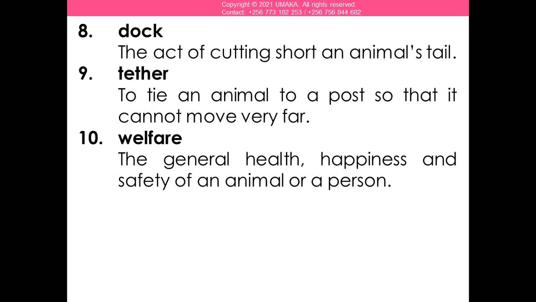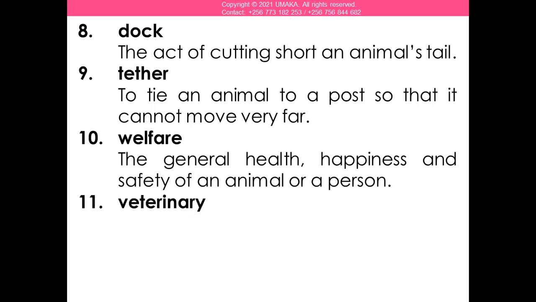By doing what we have seen above: treating them when they are sick, vaccinating them, dipping them to kill external parasites. So when we talk of animals' welfare, we are referring to the general health, happiness, and safety of these animals.